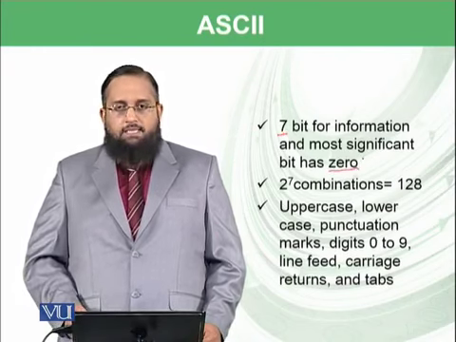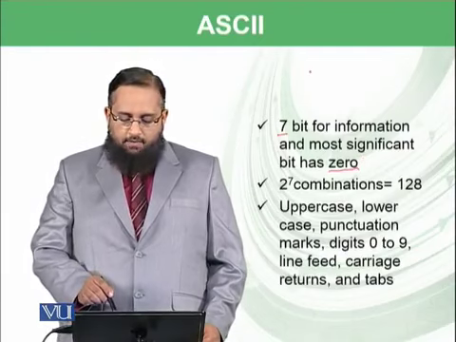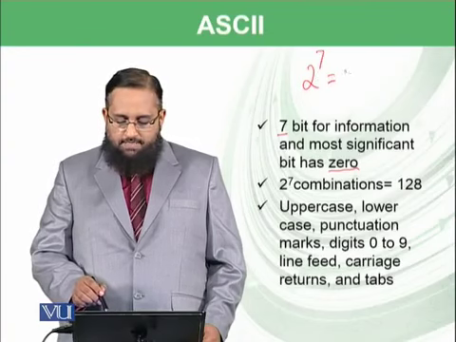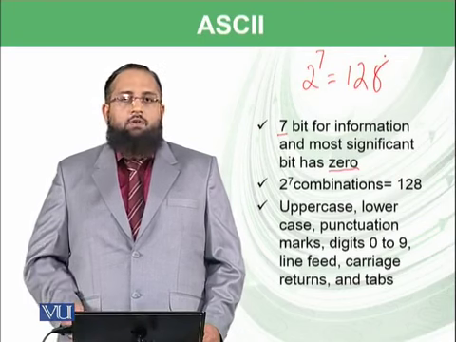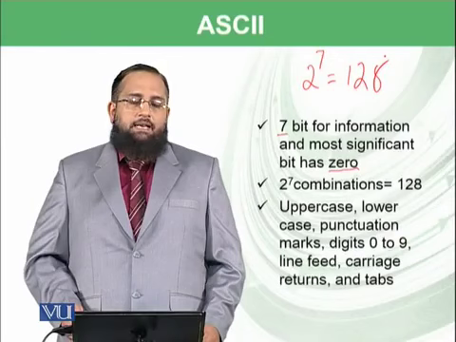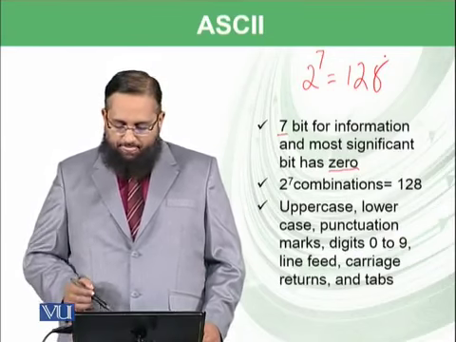You have learned in the previous modules that if we have 7 bits, we can form 2 raised to power 7 combinations, which are 128. This means 128 different kinds of symbols could be represented, as we have 128 different patterns.